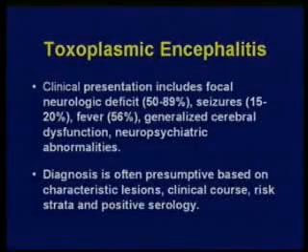Okay. So toxoplasma encephalitis. Clinical presentation: focal neurologic deficit in 50 to 89% of folks, seizures, fever, generalized cerebral dysfunction, neuropsychiatric abnormalities. And diagnosis is often presumptive based on characteristic lesions, clinical course, risk strata, where your T-cell count is, and positive serology.